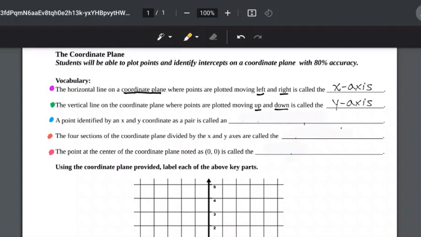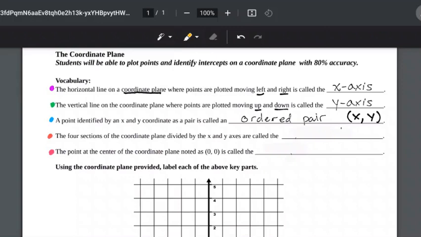Our next definition, a point identified by an x and y coordinate as a pair is called an ordered pair. An ordered pair, remember, we have our x and we have our y. Two numbers together, the x always gets listed first and the y always gets listed second.